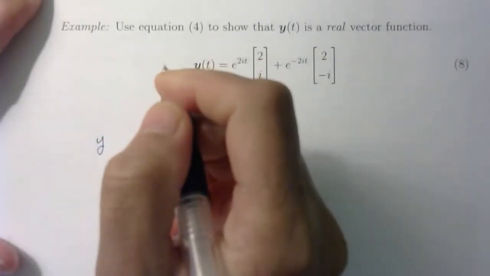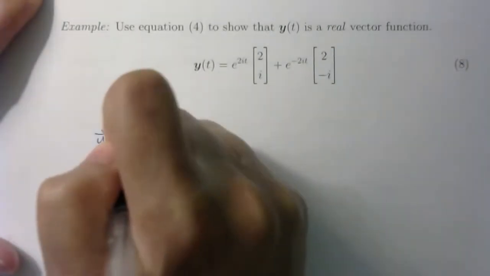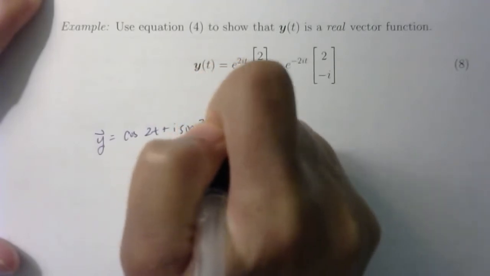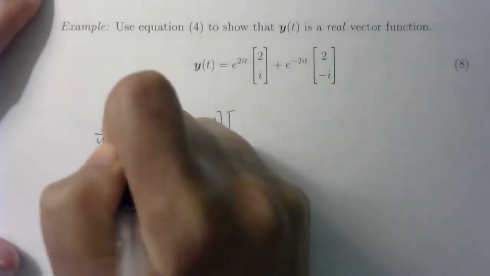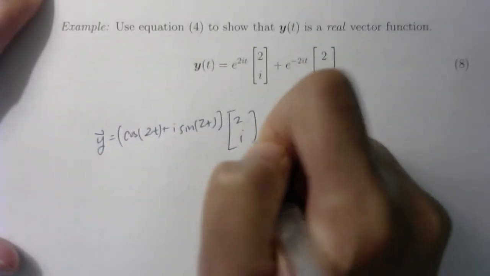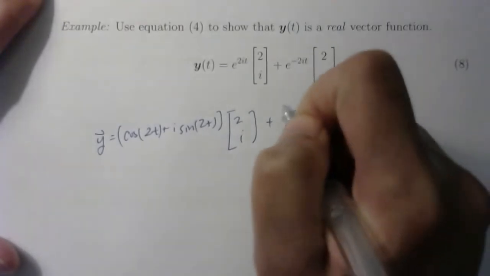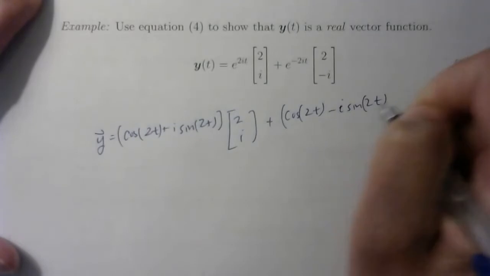We're going to prove it in general, but we can also just prove it with numbers here. So this is cosine 2t plus i sine 2t, and cosine 2t, because cosine is even, then minus i sine 2t.